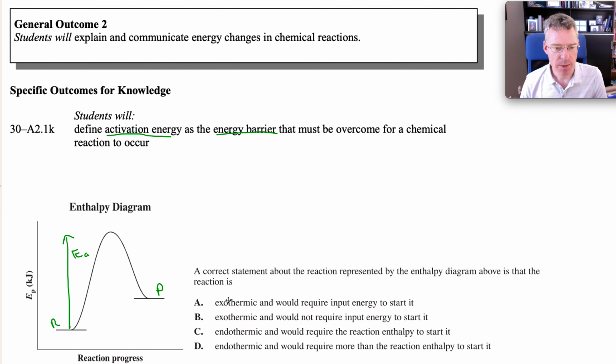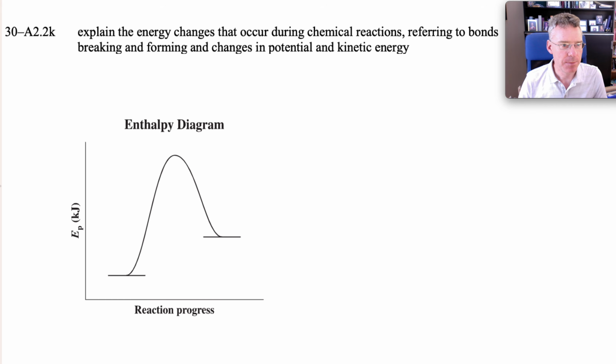This is an endothermic one, so those are out. And so it is endothermic and would require energy to start it. You always have to put energy in, so that's what this question is getting at. There is always a barrier. Don't think because something is exothermic, it just happens all on its own. So that's the first specific outcome for outcome 2, activation energy.